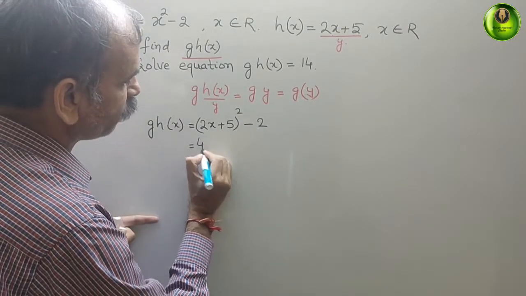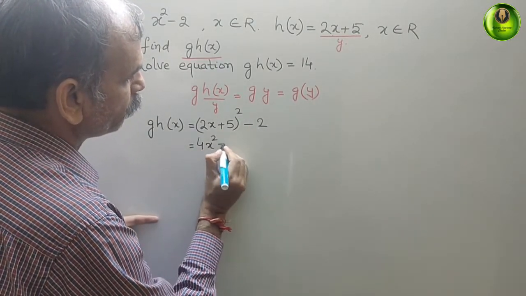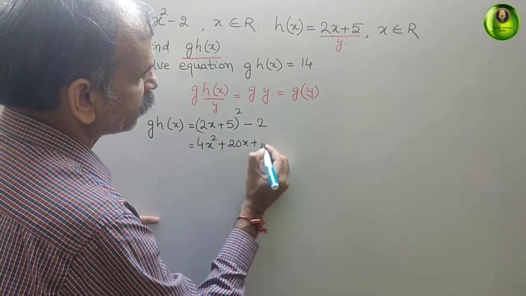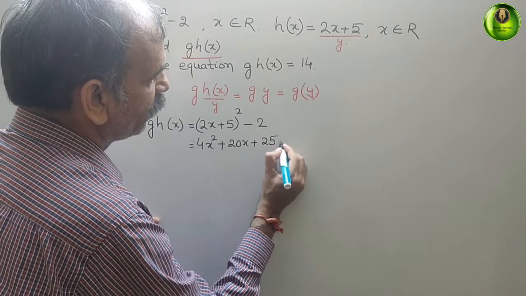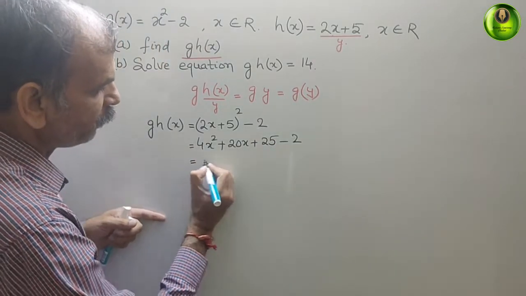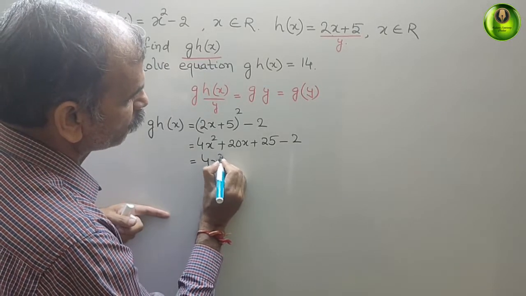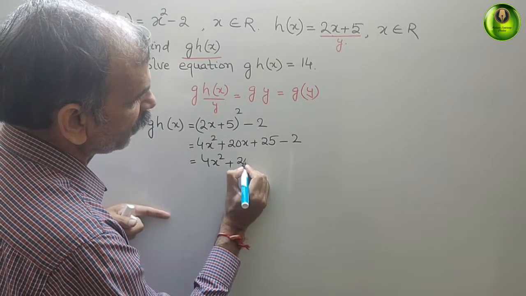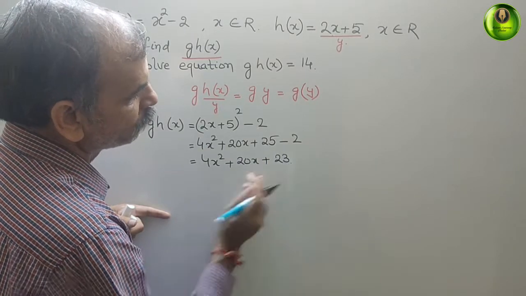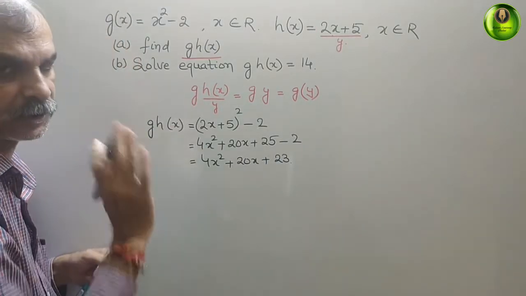That means it's 4x squared plus 20x plus 25 minus 2. Now it will be 4x squared plus 20x plus 23. So this is your gh(x).